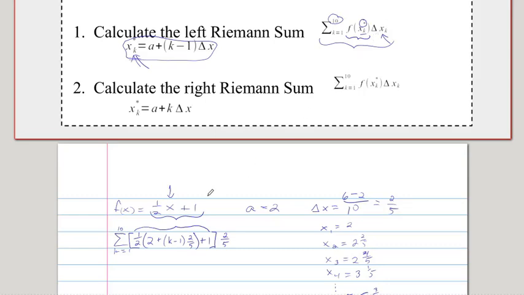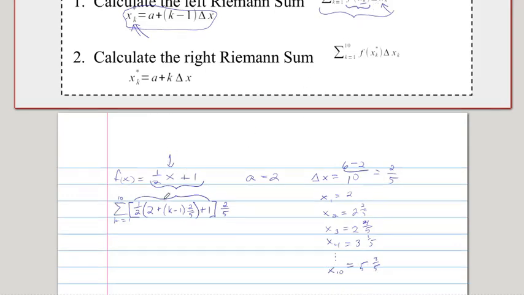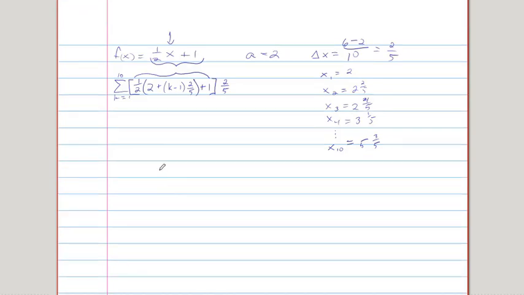All right, so now we've got our summation set up. What I want to do is simplify this, because clearly this is not going to be pretty. Anytime you have a constant being multiplied to everything in your summation, you can factor that out, because this is 2/5 times the first thing plus 2/5 times the second thing plus 2/5 times the third thing.